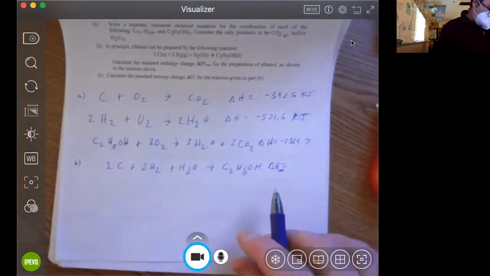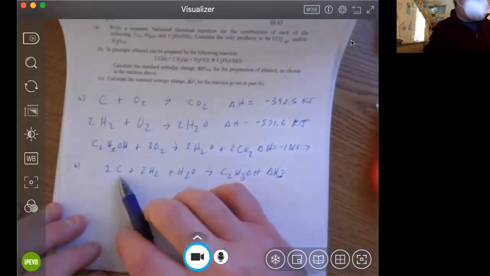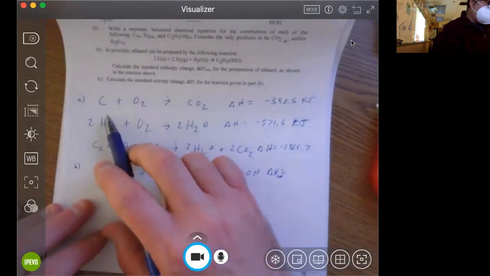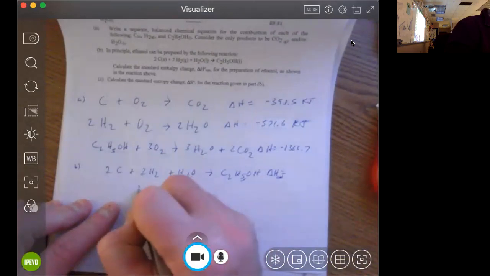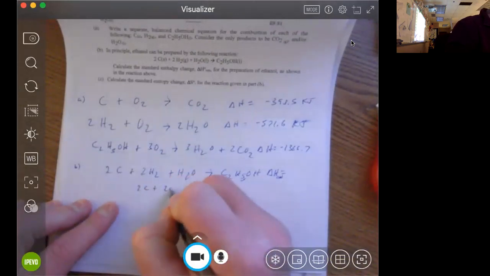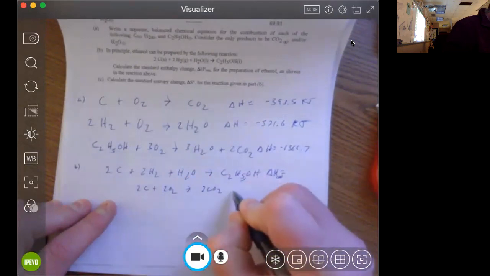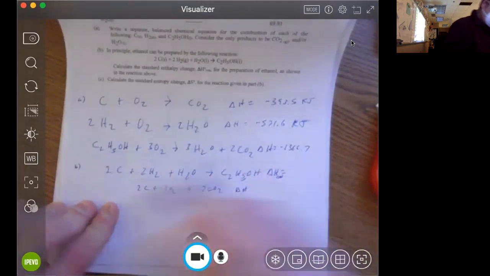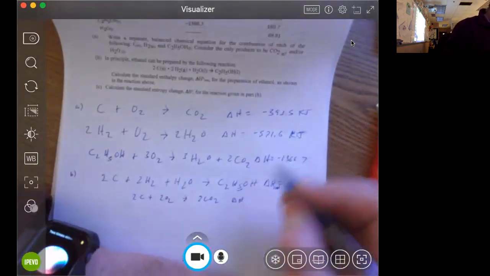So, first thing is, I see I have 2 carbons here. I only have 1 here. So I need to multiply the top one by 2. Two times negative 393.5.